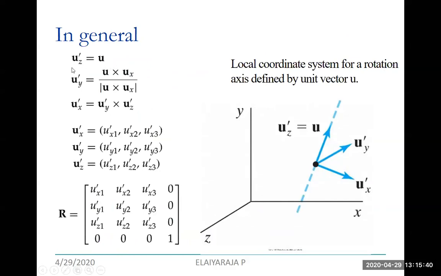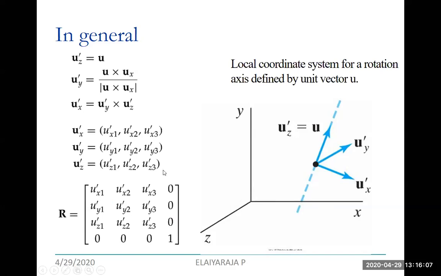Why? Because here the angle of your unit vector is the z axis. So you are going to perform with respect to the xy plane, where you can consider the rotation with respect to the unit vector z axis.